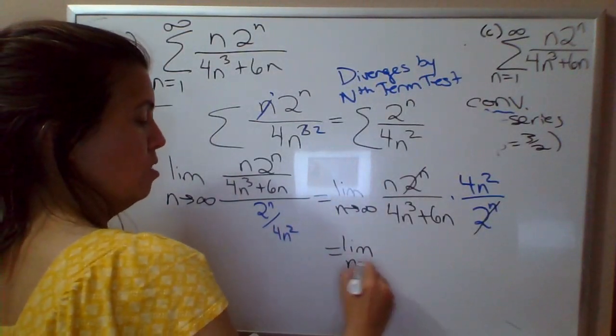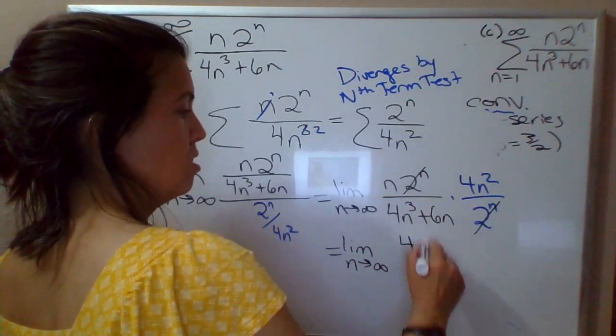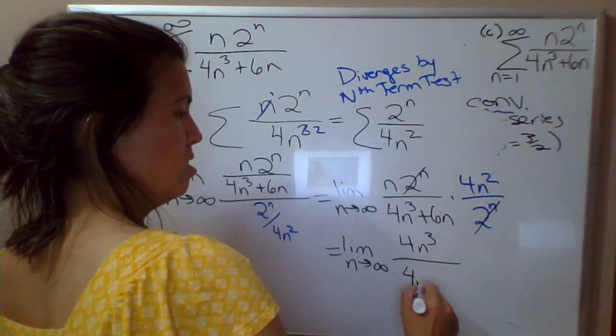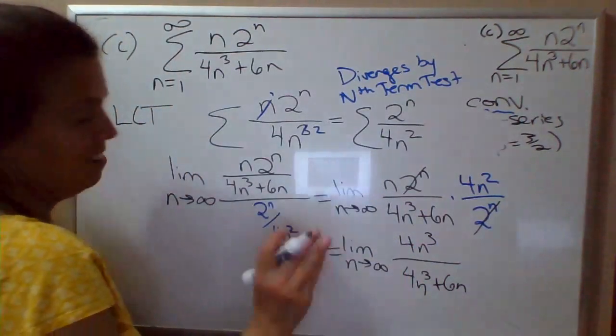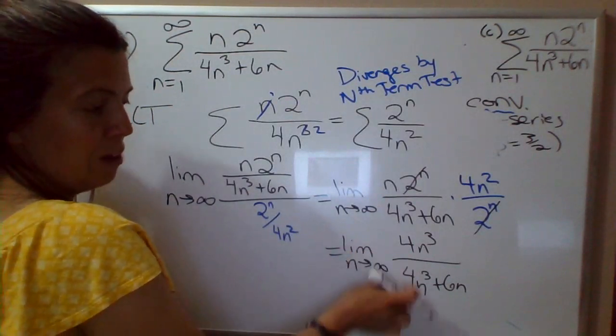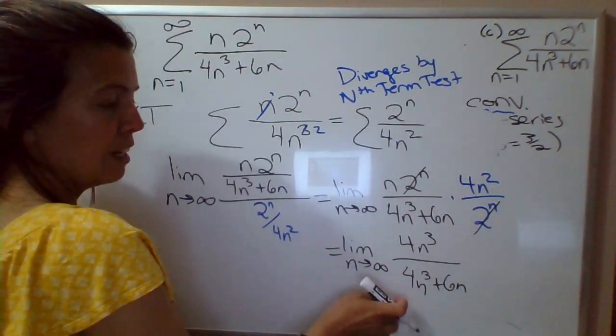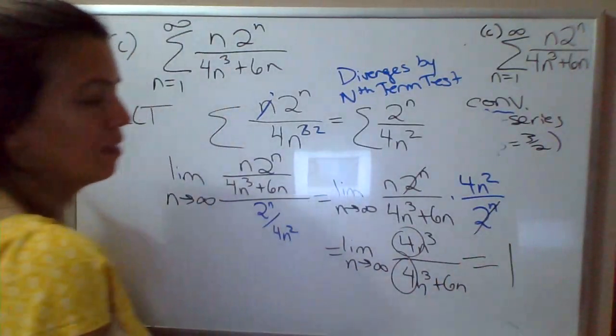And now we've got the limit as n approaches infinity of n times 4n squared, so that's 4n cubed, over 4n cubed plus 6n. See how often, as I told you guys, you'd see these limits. Rational expression, same degree numerator and denominator. The limit is the ratio of the leading coefficients, which is 1.